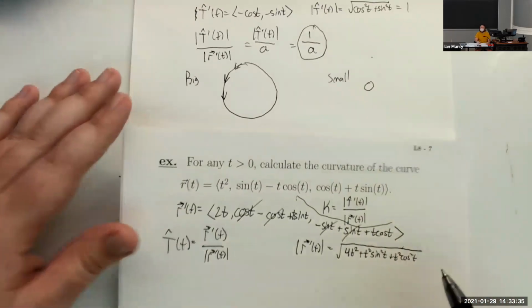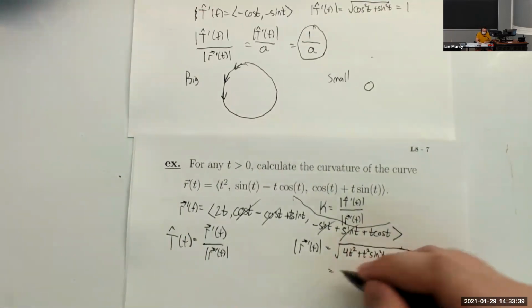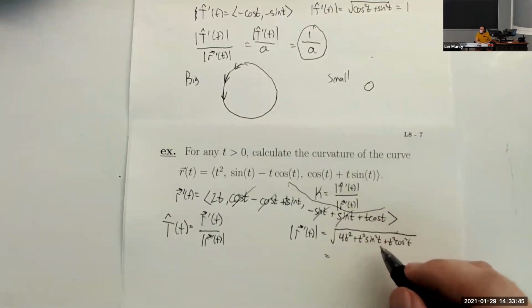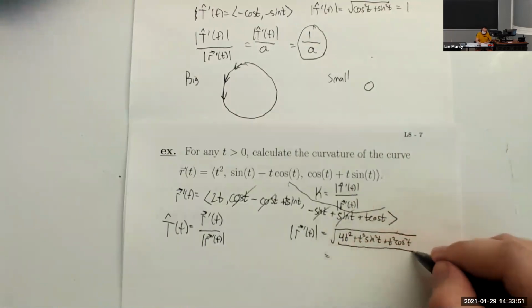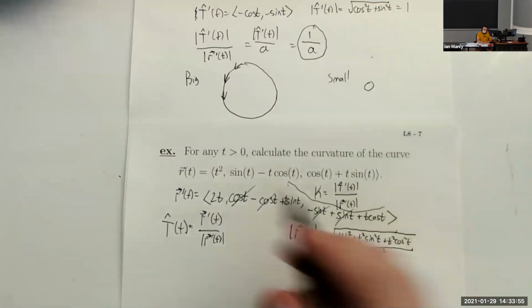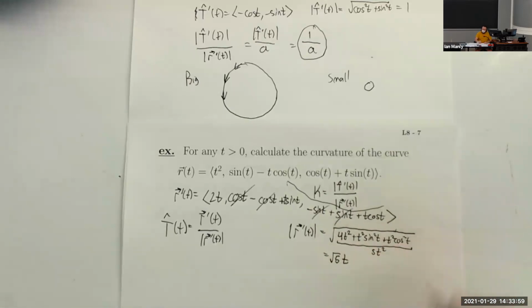All right, now once again, we got this nice Pythagorean pair going on. So can anyone tell me what the inside of this is going to, well, what's the whole thing going to simplify to? Do you guys see it? Yeah, so the inside of this at least will be 5t squared. And so I do the square root of that, and since t is positive, we have root 5 t.